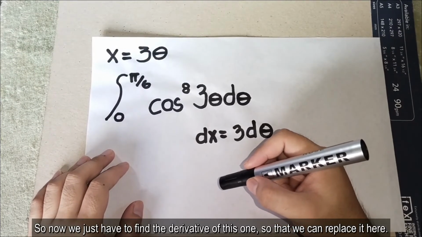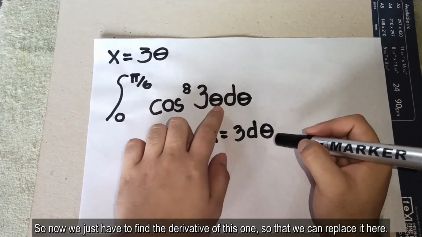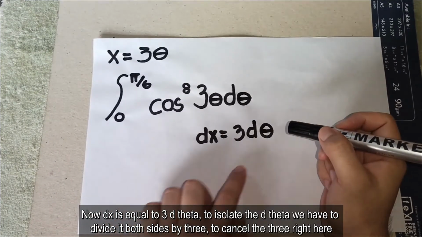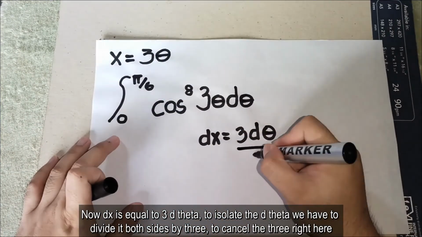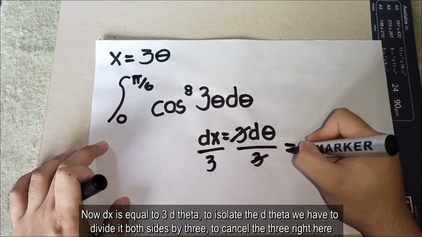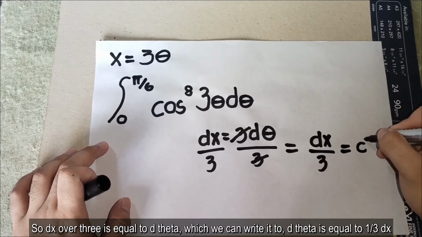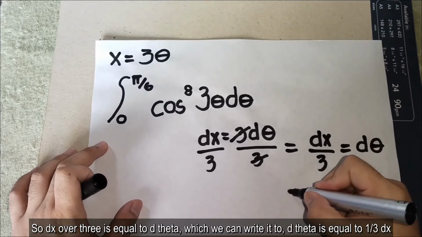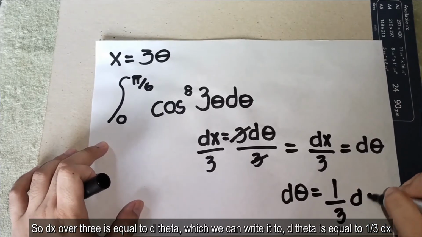Now, we just have to find the derivative of this one so that we can replace it here. Now, dx is equal to 3 d theta. To isolate the d theta, we divide both sides by 3 to cancel the 3 right here. So, dx over 3 is equal to d theta, which we can write as d theta is equal to 1/3 dx.